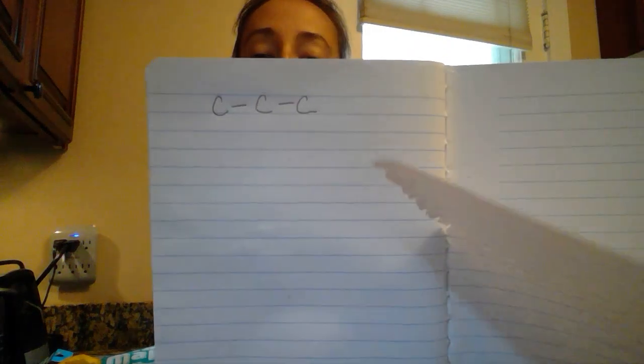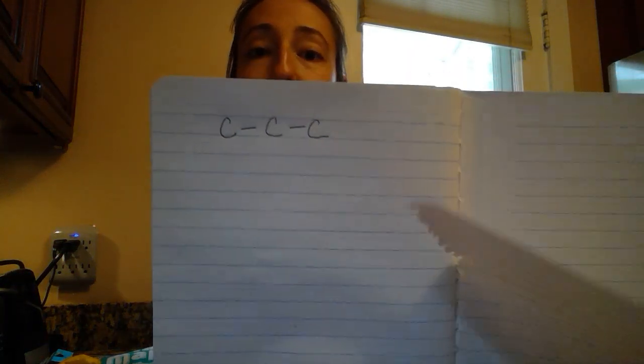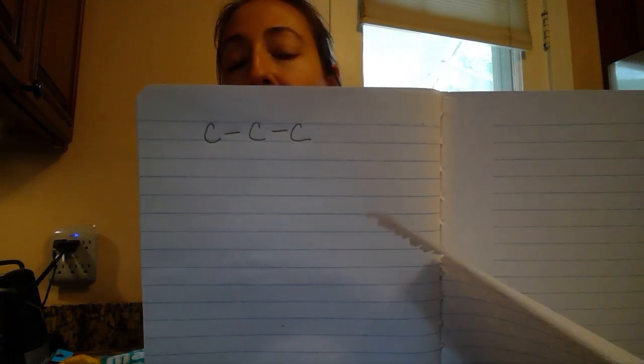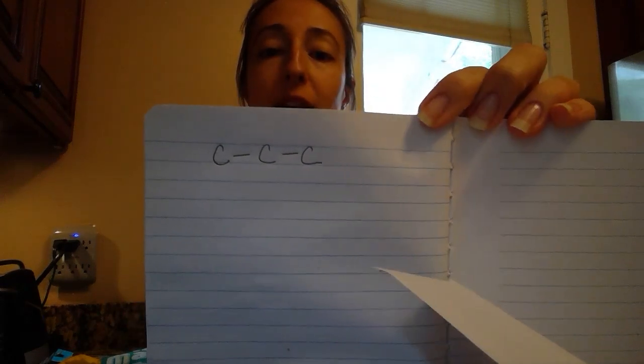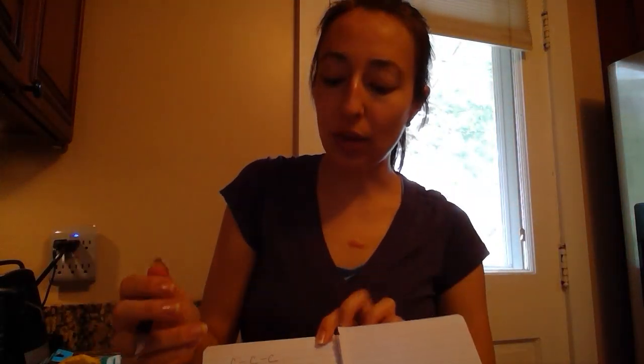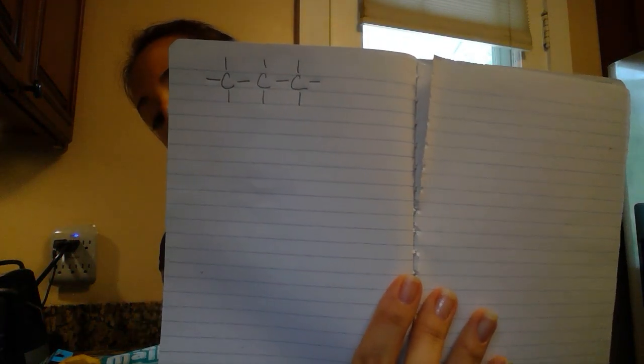So let's do propane together as well. So propane, I said, has 3 carbons. So you're going to start off by drawing 3 carbons bonded together, just like that. You should always start with your carbon backbone before adding all of your hydrogens. Now, how do I know how many hydrogens to add? I just have to draw the line so that every single carbon has 4 lines coming off of it. And remember, they can share lines, of course, because this is covalent bonding. So there you go.